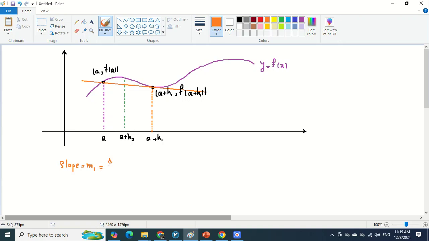If I write the ratio, delta y is f of a plus h1 minus f of a, the second value of y minus the first value of y, and I should divide it by the difference of the x values, and the difference between a plus h1 and a is h1.